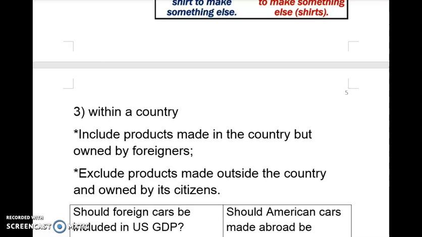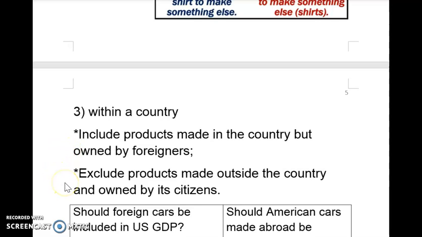The final goods and services must be produced within a country. What do you mean? It includes products made in the country. Every product, goods and services made inside the country will be included in that country's GDP. We don't care about who owns it.